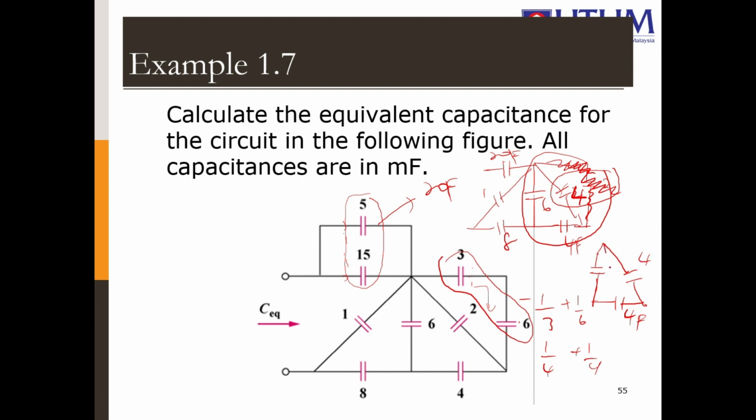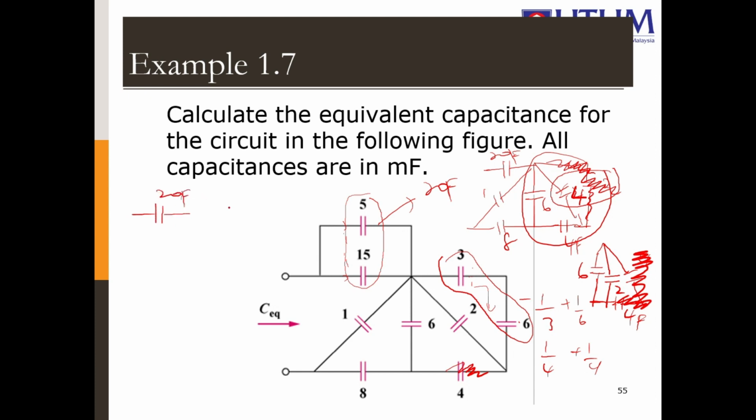These two you can put over here like this, and this one can be cancelled out. So here you get 2, here you get 6. 6 and 2 in parallel, so you no longer have this part now. I just redraw it over here, so this will be your case.